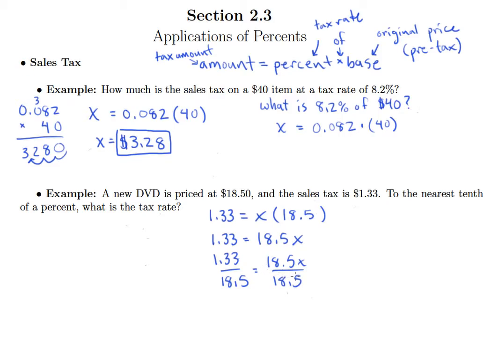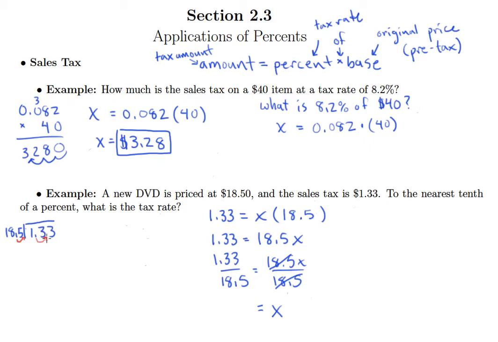Now we have x by itself, but we need to perform this division. So I've got $1.33 divided by 18.5. I can't leave the decimal point in the divisor, so I move the decimal point over 1 in both numbers.